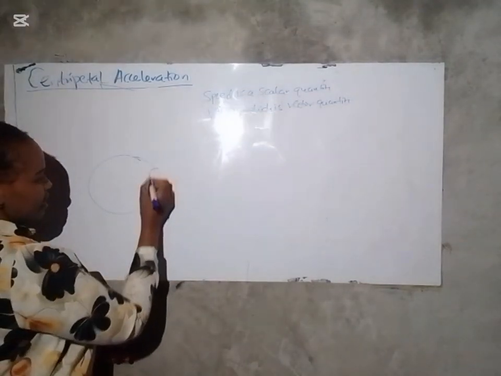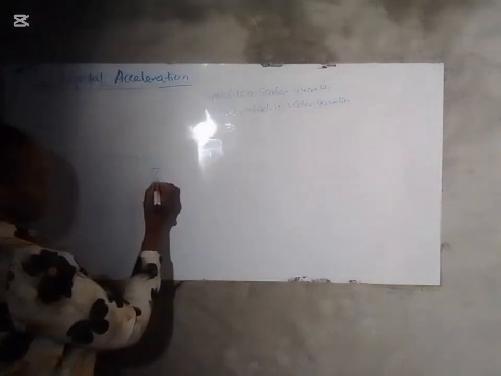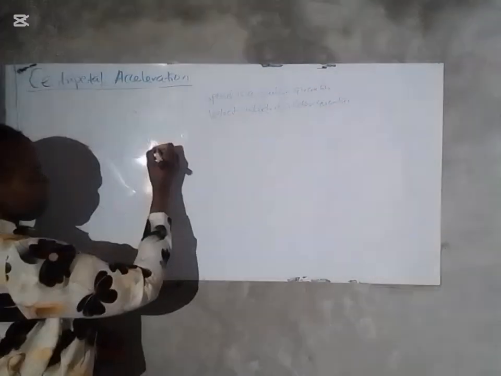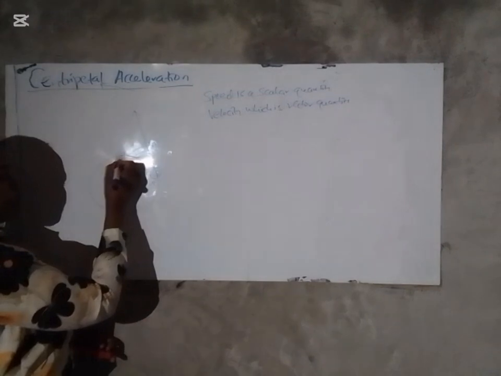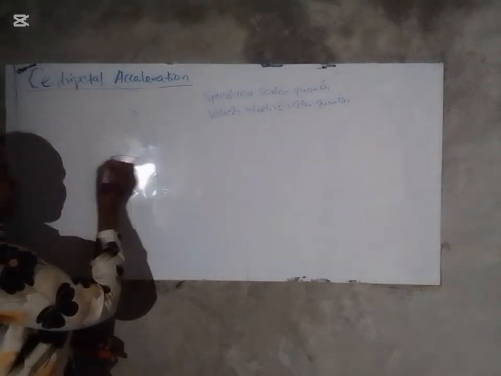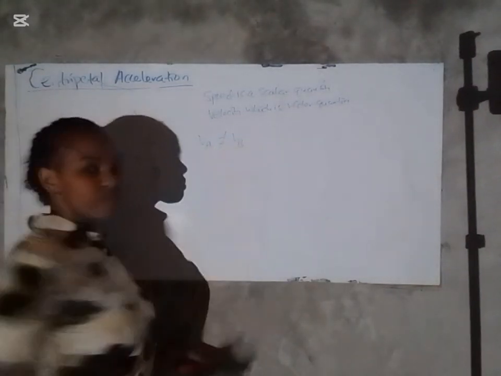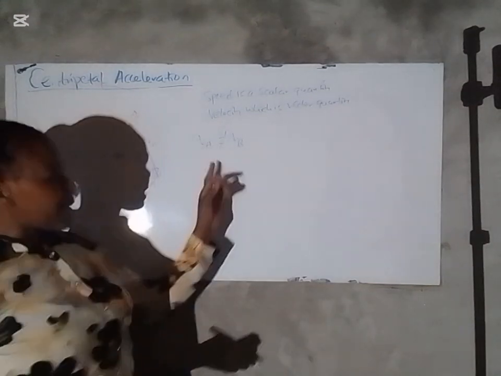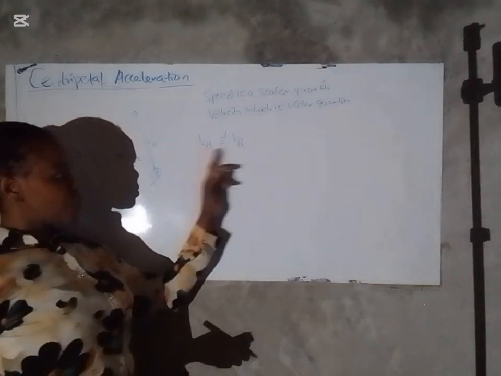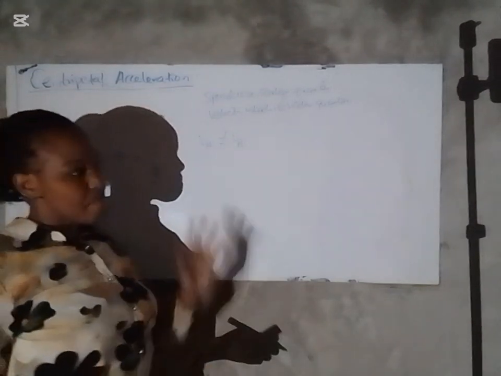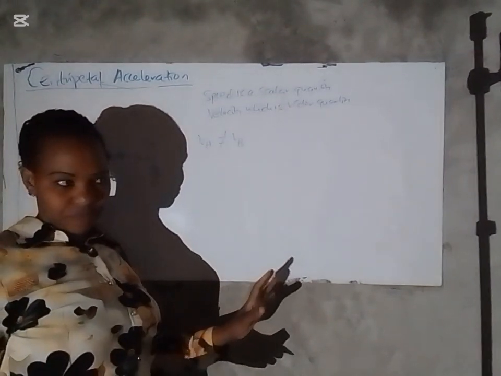A body at point A is moving along the tangent with VA, and when it comes to point B, it moves along the tangent with VB. Now VA is not equal to VB. Yes, the magnitudes of the two are the same, but the fact that they have different directions means that they are two different velocities.